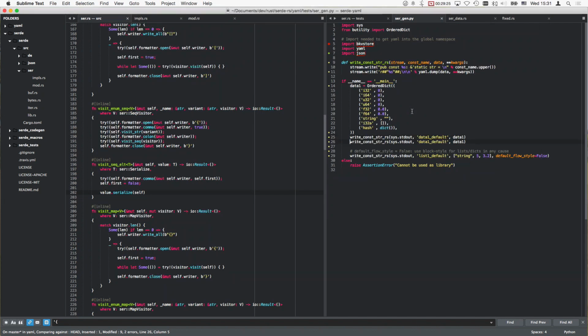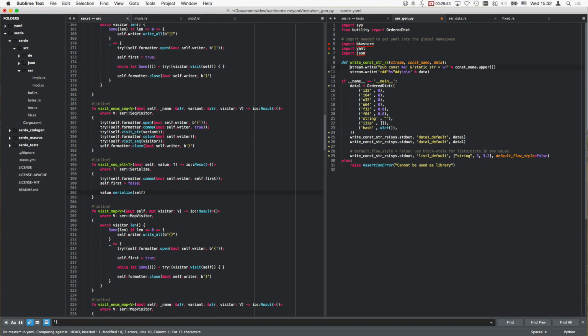Do we have some sort of pretty printing version of it? No. Well, let's just write constant string rs. I guess under these circumstances, I want to put the data in directly. Let's do it. If I now want to write JSON as well, this interface is not suited anymore.